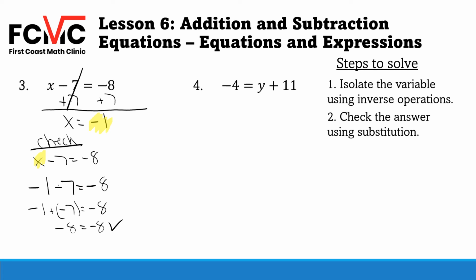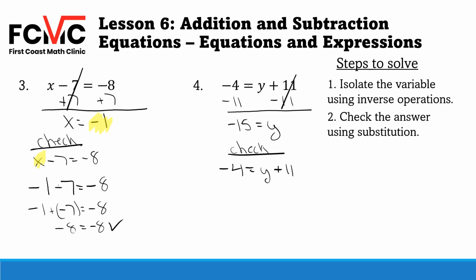And then number 4, we're adding 11. Negative 4 equals y plus 11. So let's undo adding 11 and subtract 11. The 11s cancel out on the right, and we get negative 15 equals y. Then our check. We get negative 4 equals, let me rewrite the entire equation, y plus 11.